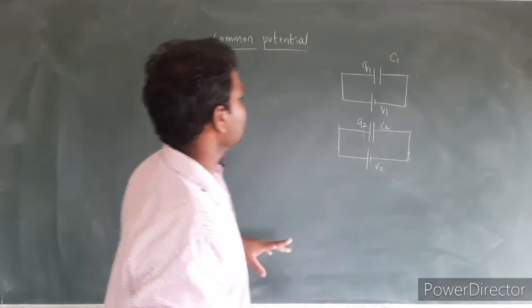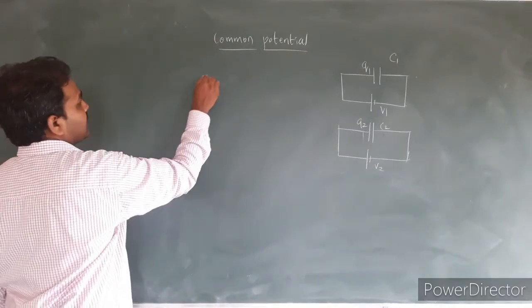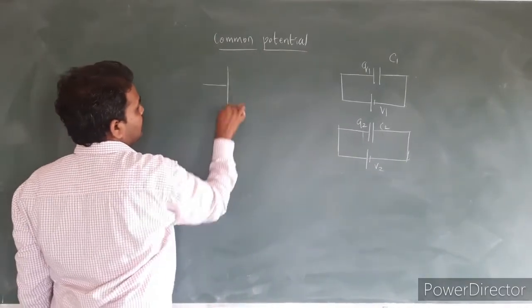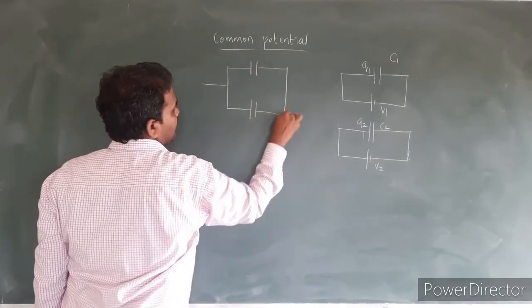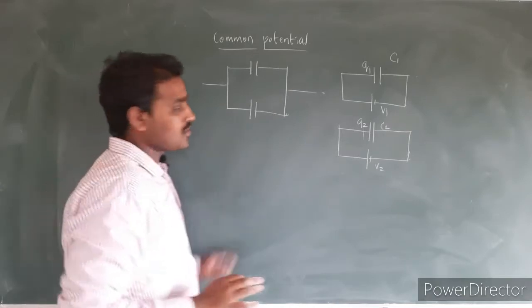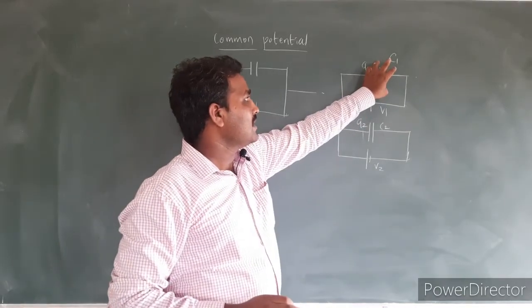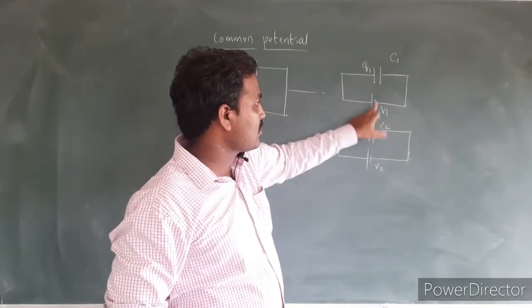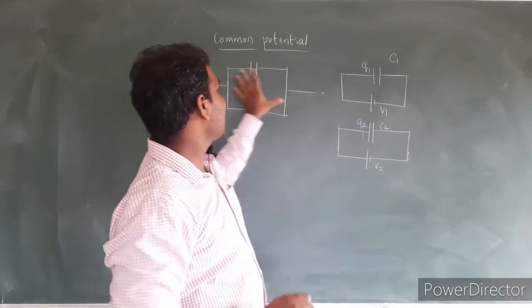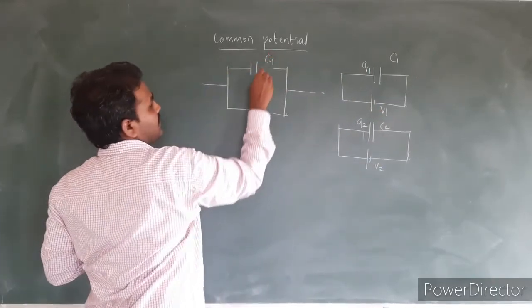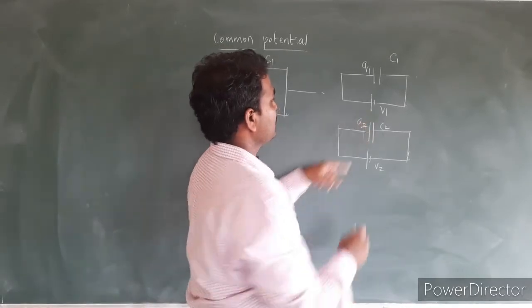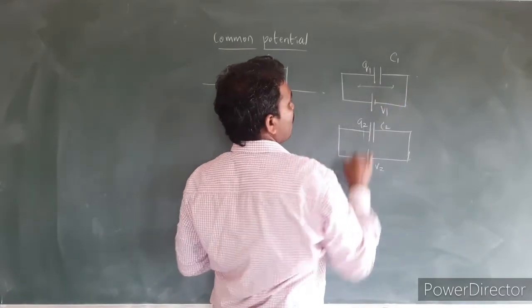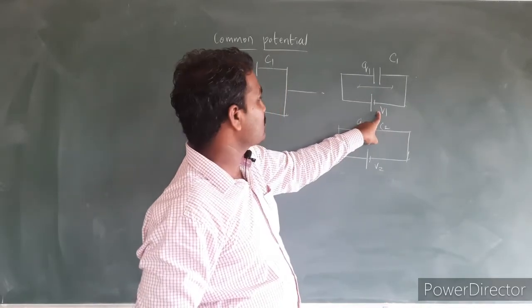And what happens when these two capacitors are connected in parallel? Let us connect these two capacitors in parallel here. Here we will not have any external source of voltage, I will only detach these capacitors from these voltages and just connect the capacitors. Here it has some potential of V1. So the potential developed will be equal to V1, the external source voltage.